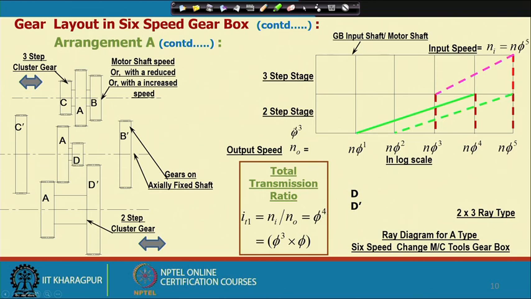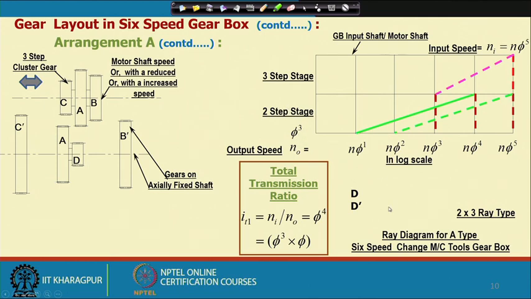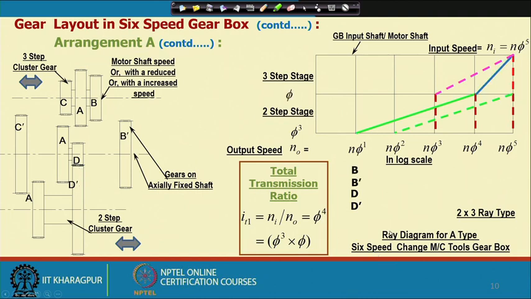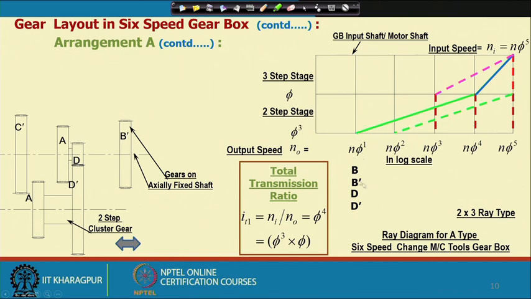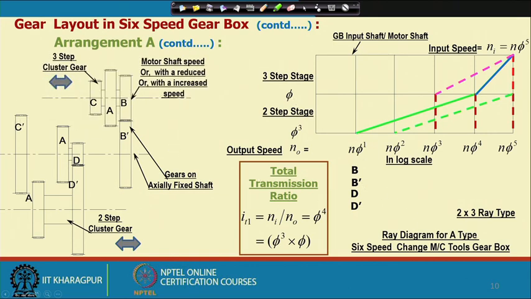So, first we select phi cube here, and then for which we connect D with D dash, and in the 3 step stage we select this phi, and for which we connect B dash. And we are going for these connections, and then we are getting these two connections to get the desired speed.